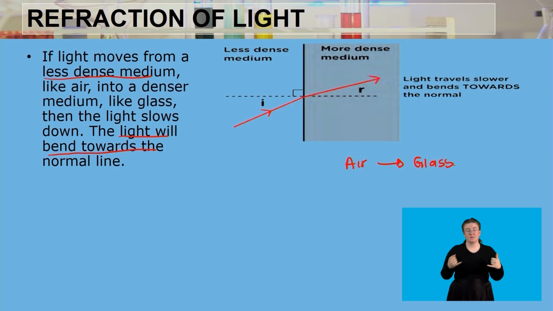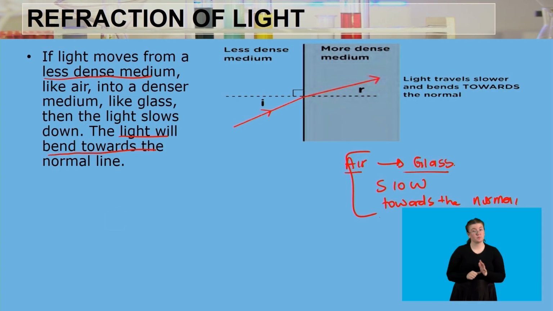That imaginary line helps us to measure the two angles, the angle of incidence and in this case, the angle of refraction. So when light is moving from air to glass, it is going to slow down and bend towards the normal.